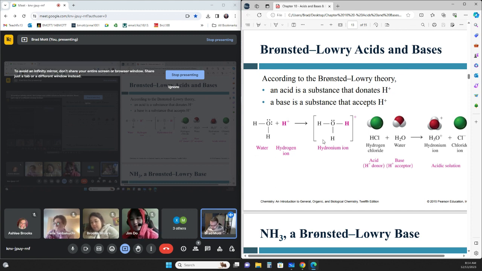Let's see, I'm going to try to be a little bit fancier. So we have hydrogen chloride, which we know is an acid by looking at the previous slides. In water, the hydrogen chloride dissociates and gives off a proton. Okay? And the water accepts that proton. So we get hydronium and chloride.